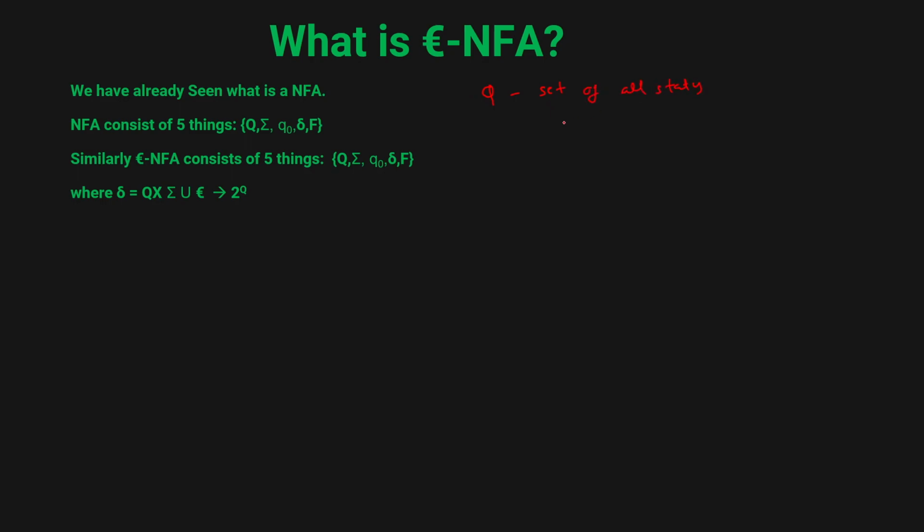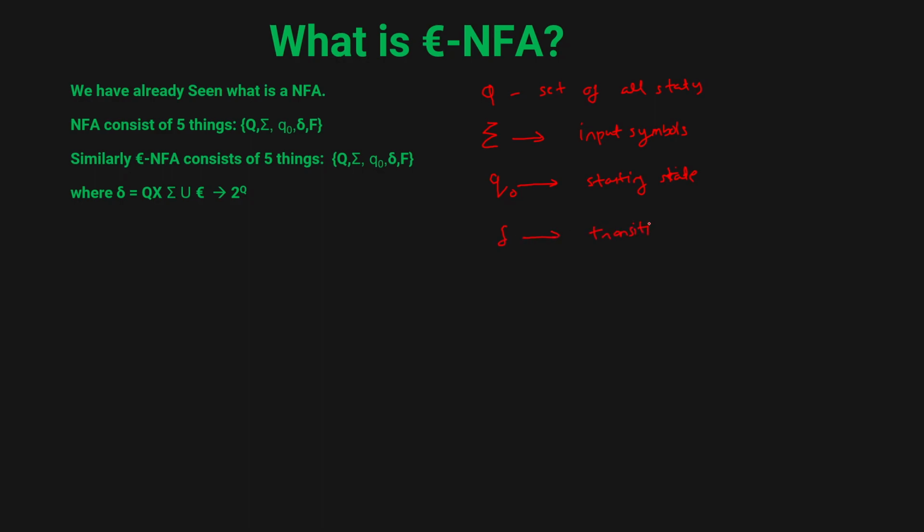Then we have sigma, which is the input symbols. Then we have Q naught, the starting state. Then we have del, which is the transition function.